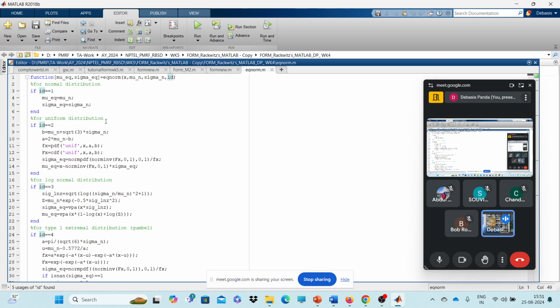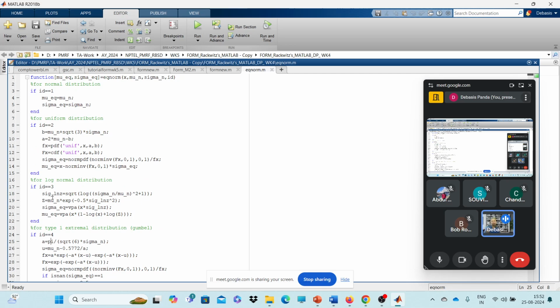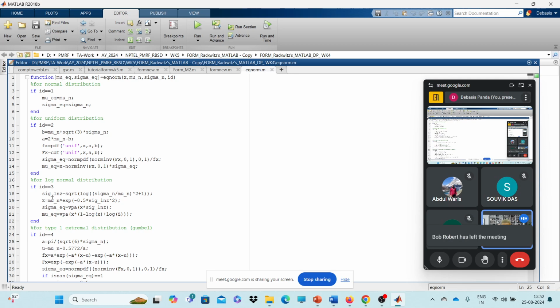The id defines: id 1 is normal distribution, id 2 uniform, id 3 lognormal, and id 4 extreme value type 1, the largest distribution, or Gumbel distribution. For these four distributions I have made the equivalent normalization function file.